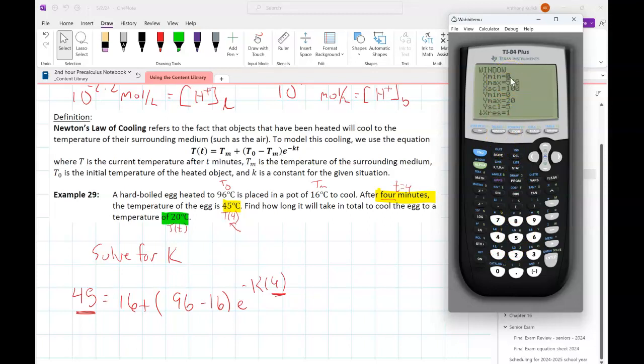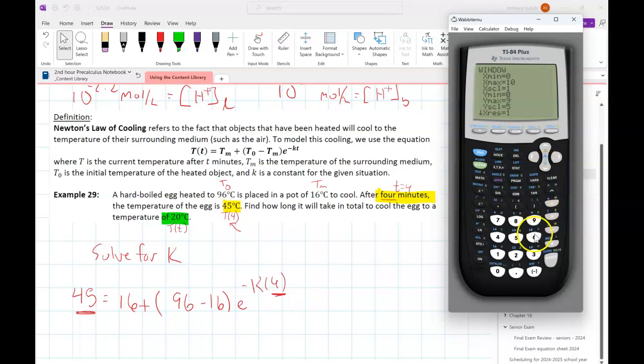Now this K is a constant, right? I don't know what kind of number this is going to be. Typically, it's not a very big number. So X is representing my K, and I'm just going to go X from 0 to 10. I don't think it'll be negative. The Y is going to be a temperature. I know that we're starting out at 96 and then cooling down, so I'll go 96 to 0.